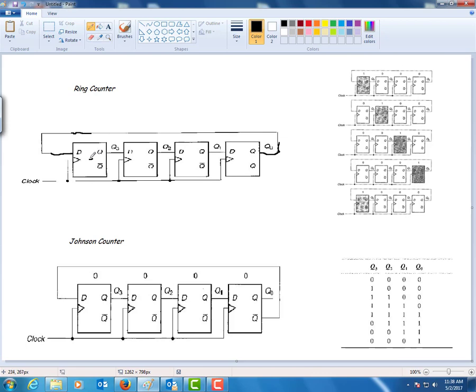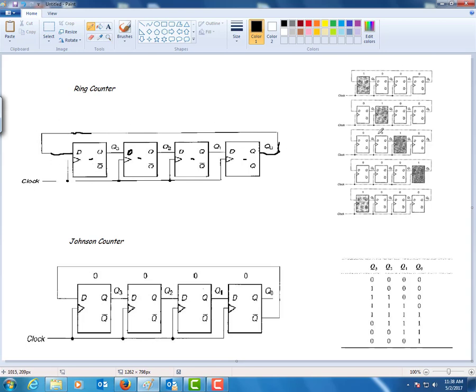Obviously, this flip-flop right here feeds this flip-flop right here. The output of this flip-flop goes to the D input of this one. The Q output of this one goes into the D input here. And the output of this one goes into the D input here of the last one on the right. And then it just comes around, all right?